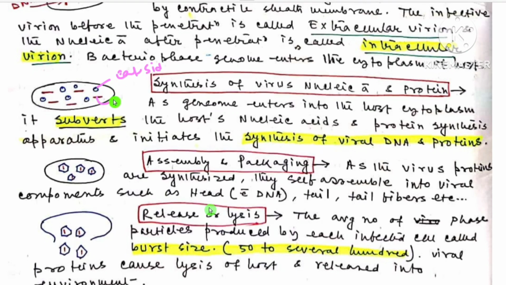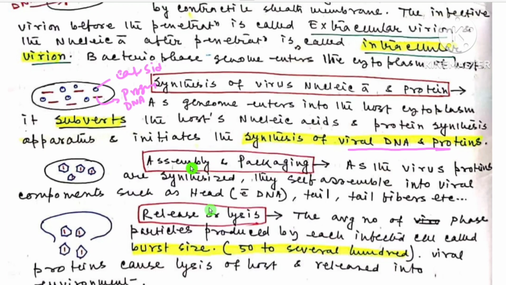So many copies of this progeny DNA will be synthesized inside the host cell. So this is synthesis of virus nucleic acid and protein. As the genome enters the host cell cytoplasm, it subverts the host nucleic acid. So this will inactivate the host nucleic acid and also the protein synthesis machinery, and initiate synthesis of viral DNA and viral protein, right?